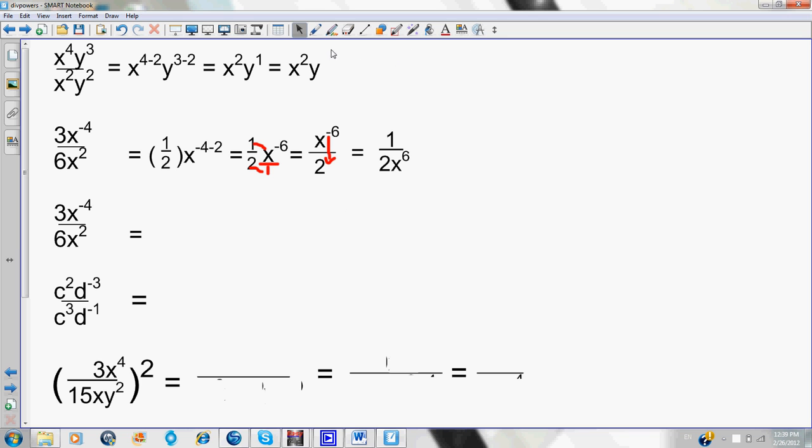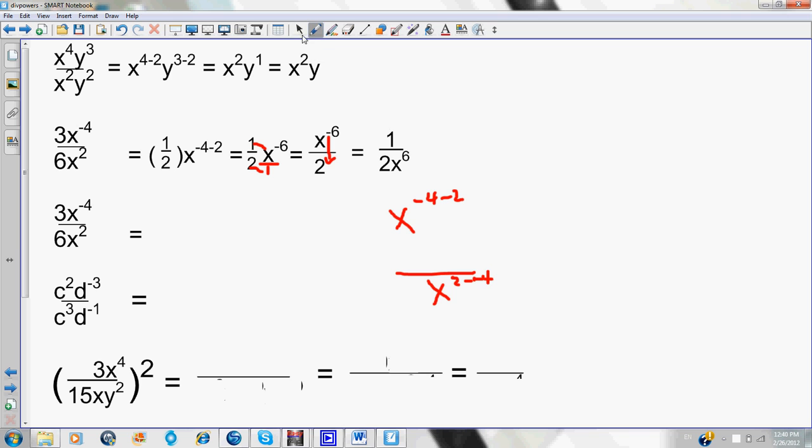So the previous one we went x to the negative 4 minus 2. This time, since we're dragging it, we're going to bring it down to the bottom. So we're going to go x to the 2 minus a minus 4.